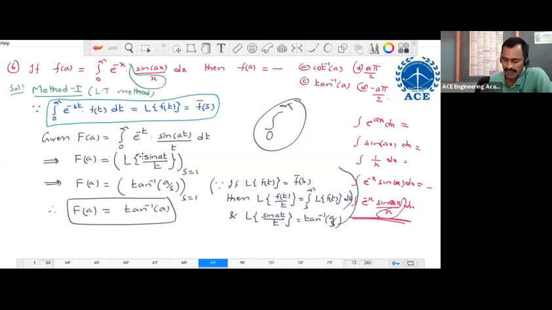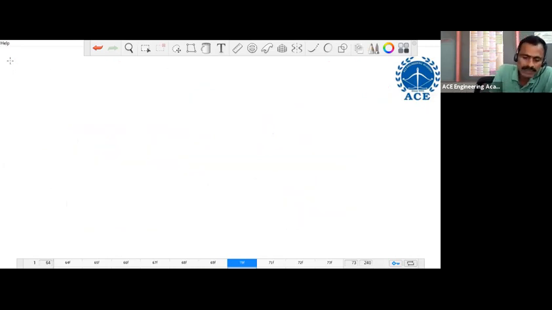Next, method 2. Now we are going to the next page. Method 2. The method 2 technique is differentiation under integral sign.